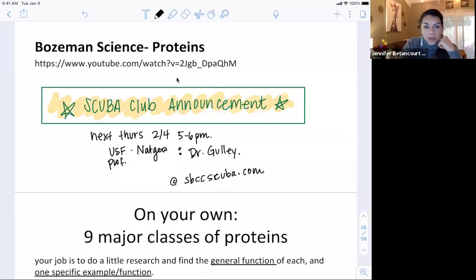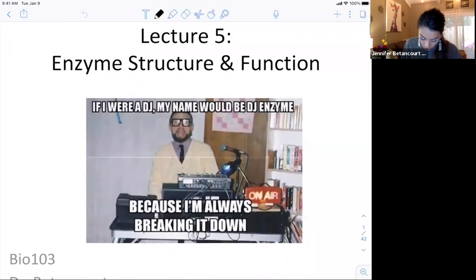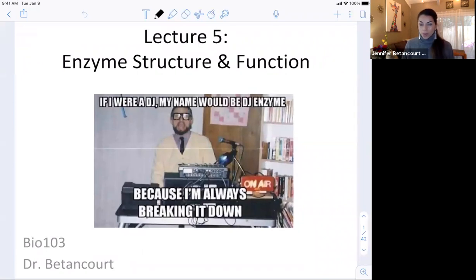Okay, so with that, I'm going to go ahead and change this over to lecture 5. Now that we have a very good basis for what proteins are, how they are constructed, how they are folded, and why folding is important for function, we are going to dive into one very important class of proteins called enzymes.